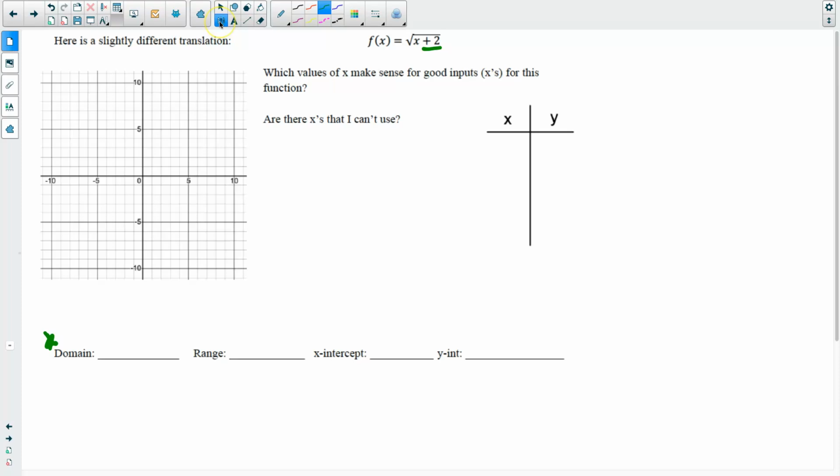Negative 2 is the only one that I absolutely need. I need 3 points. I give you a little bit of wiggle room with the other 2 points, but I need negative 2. Because negative 2 plus 2 gives me 0. And this is my starting point. I always need to have that starting point.